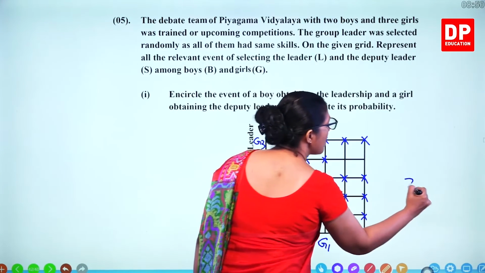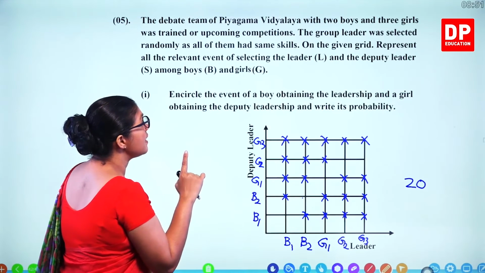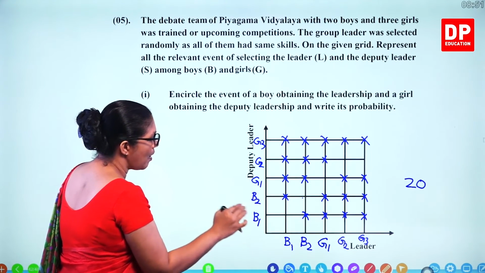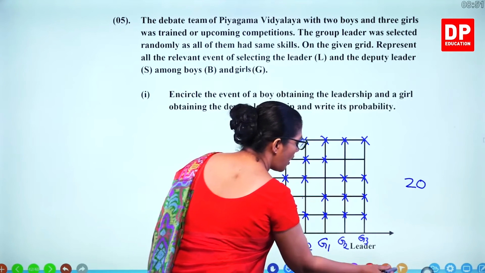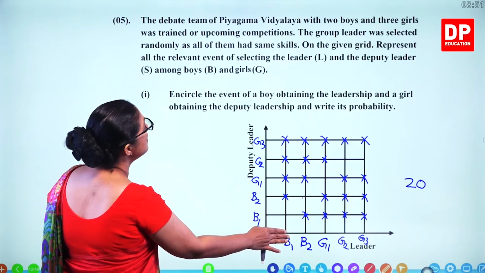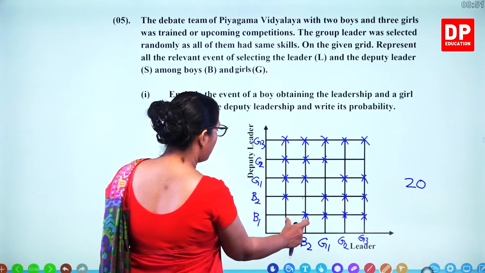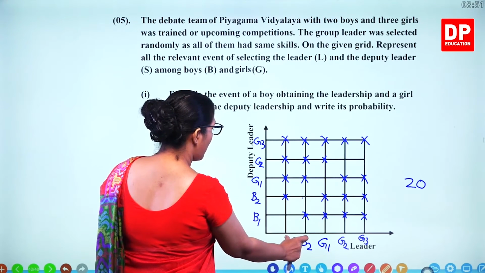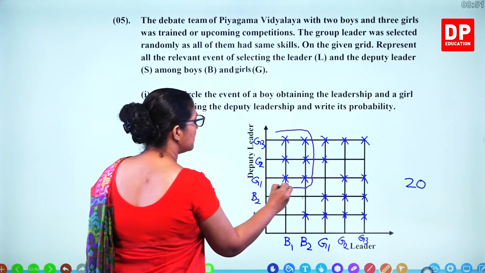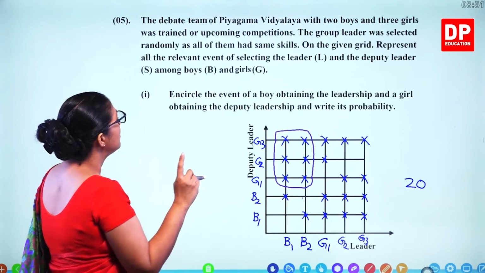But we need to encircle the event of a boy obtaining the leadership and a girl obtaining the deputy leader. So B1 and B2 with the girls. So this is the required part.